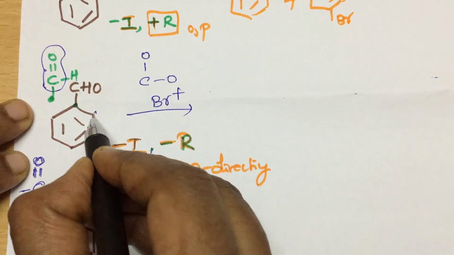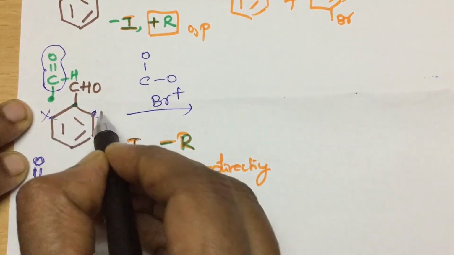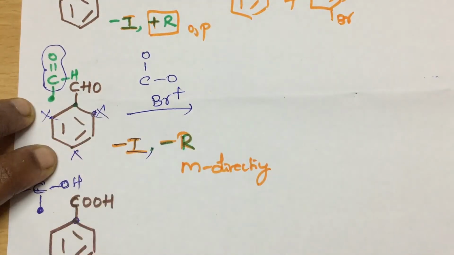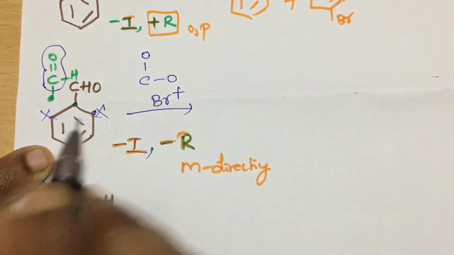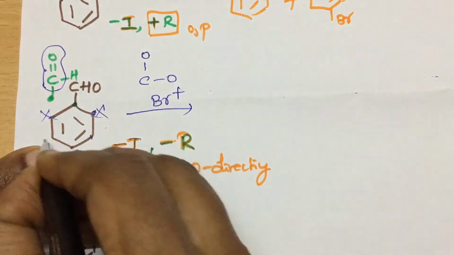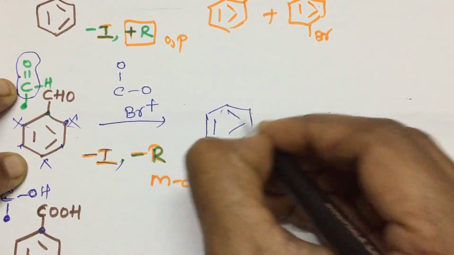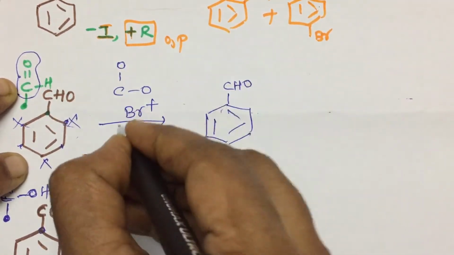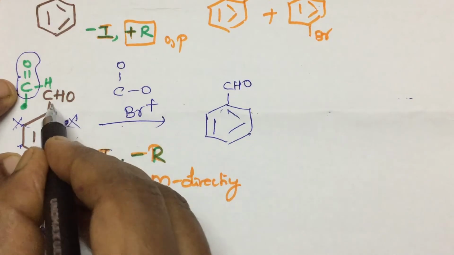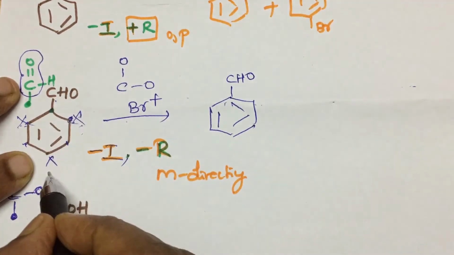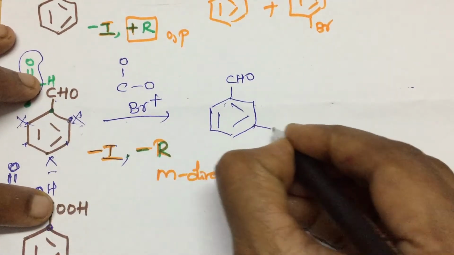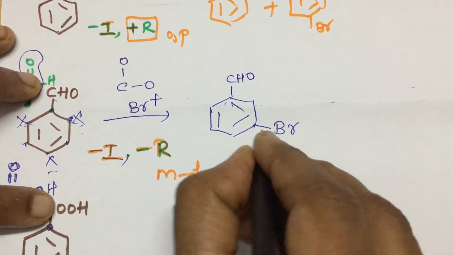There is no electron density in both the ortho and para. So where will it come and sit? It will need some electrons. So meta is unaffected, so that place is okay. Due to this effect both the ortho and the para positions have lost their electrons, so the bromine comes and sits in this meta position.